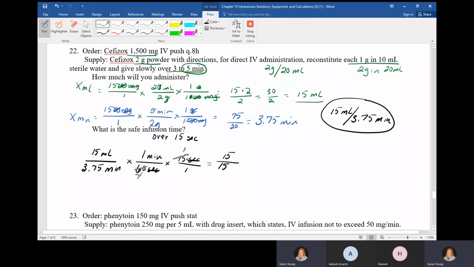And because my minutes cancel here too, I'm in milliliters, so 15 over 15 is 1 milliliter over 15 seconds. I'll give her 1 milliliter every 15 seconds.